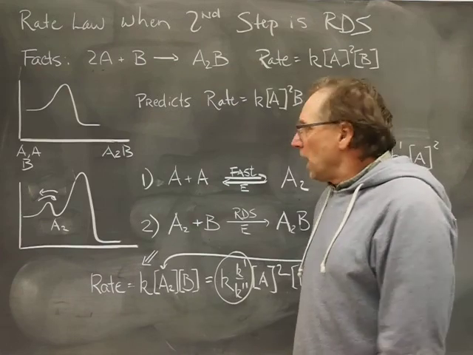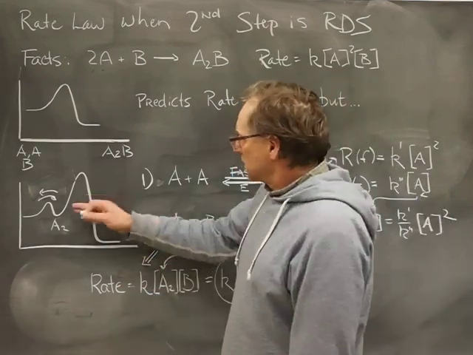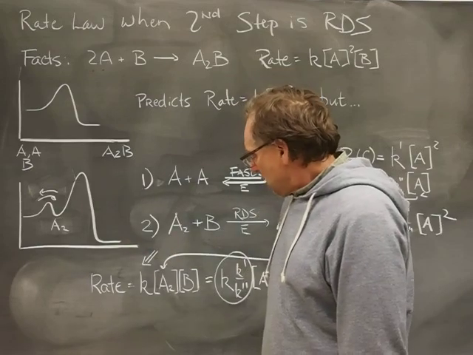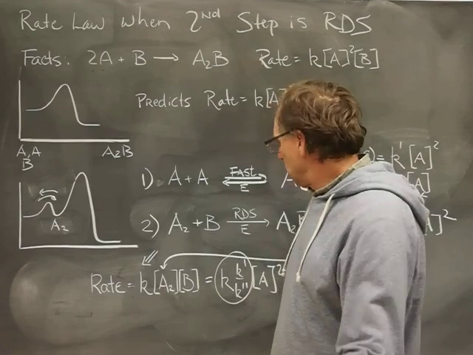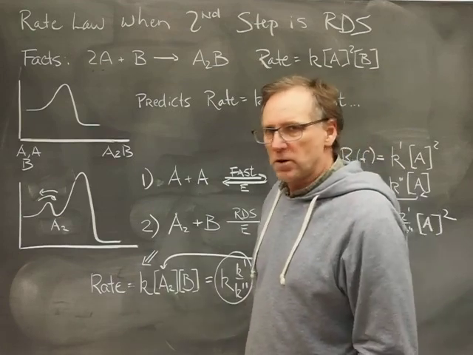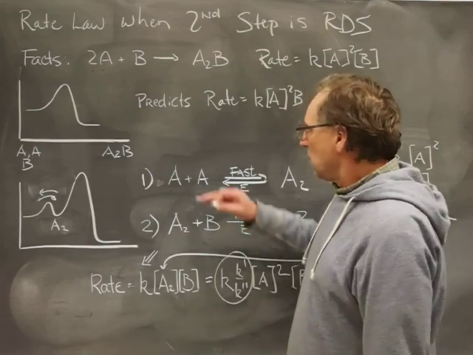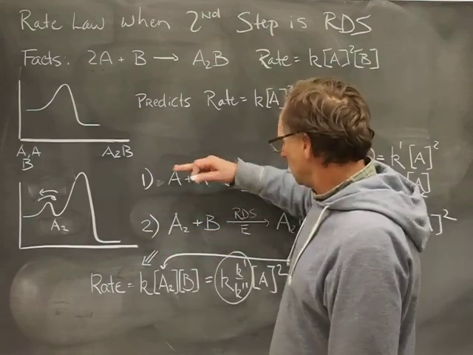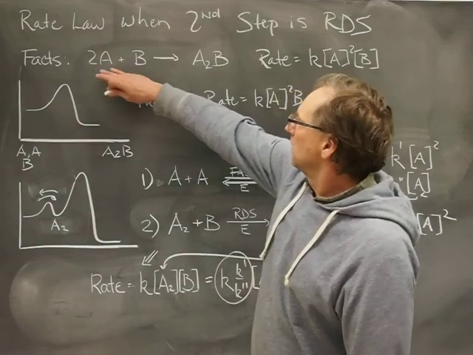So what we say then is this two-step mechanism, in which the second step is rate limiting, predicts a rate law that's consistent with the facts. Now, we haven't tested one more thing for plausibility, but that's pretty straightforward, I think. We need to make sure that the net stoichiometry of our mechanism fits with this.